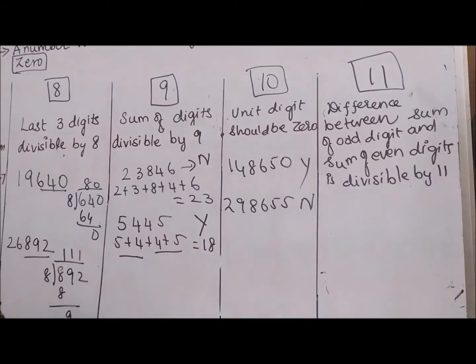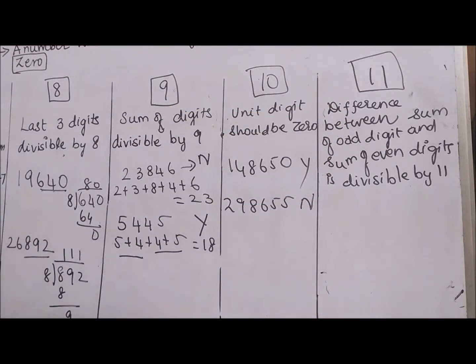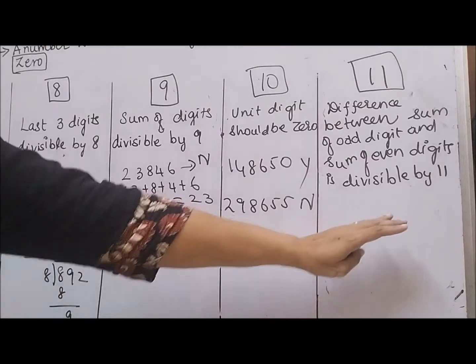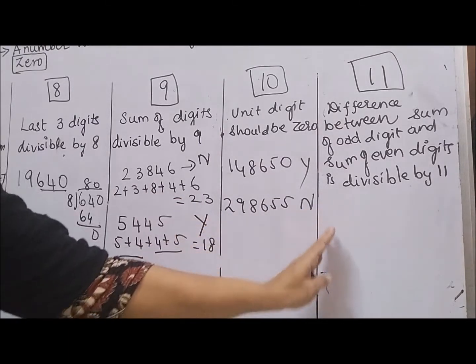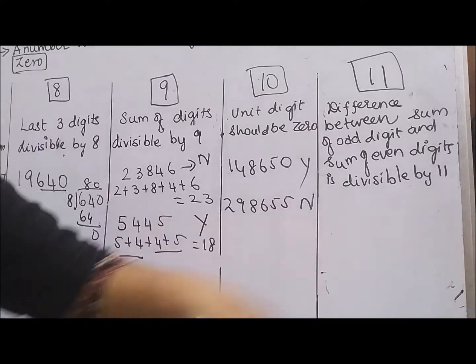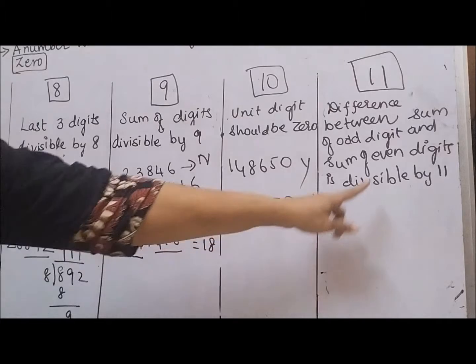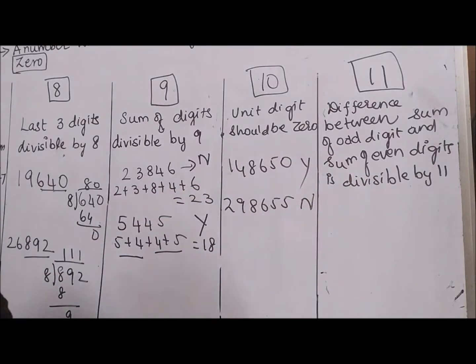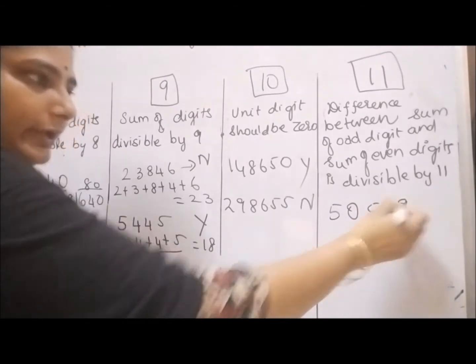Now last, let's check the divisibility rule of 11. A number is given, there will be odd digits and even digits. That means the places. The difference between the sums of those should be divisible by 11. Let's check how. 50529.